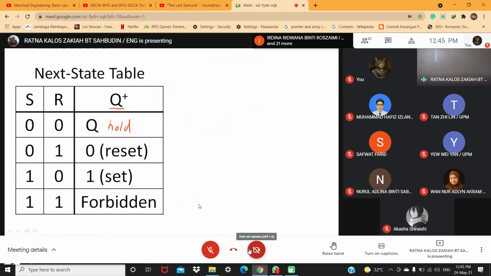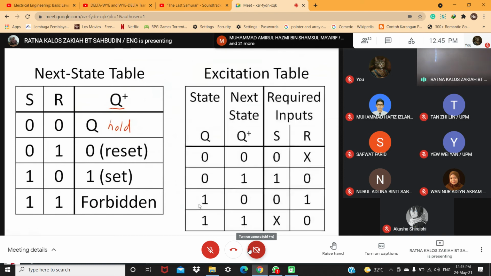The third input combination sets the next state to 1, hence S is 1 for set. And the final input combination is forbidden. We use the second table when we know our current state and our desired next state. The right columns tell us what input combinations will allow us to excite the desired next state given the current state.